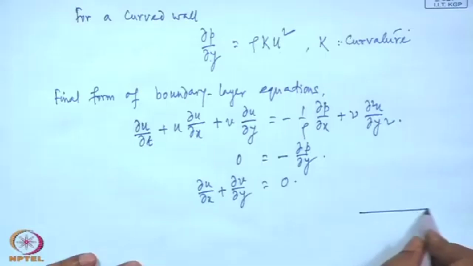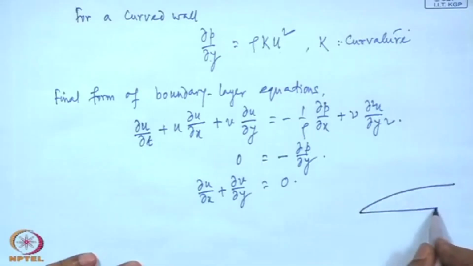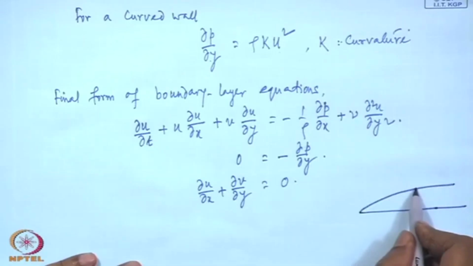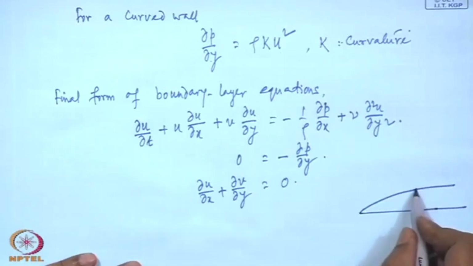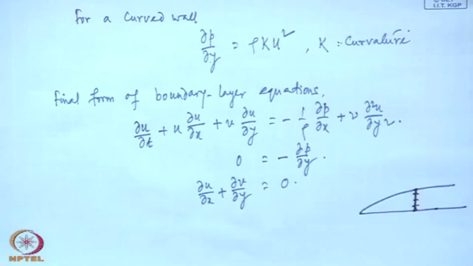Considering a simple case, say this is the edge of the boundary layer, an exaggerated view. P is constant in this part. At any point here, here, or if we have a large number of points, at each of these points P is the same. The static pressure is the same. What will happen to the total pressure?